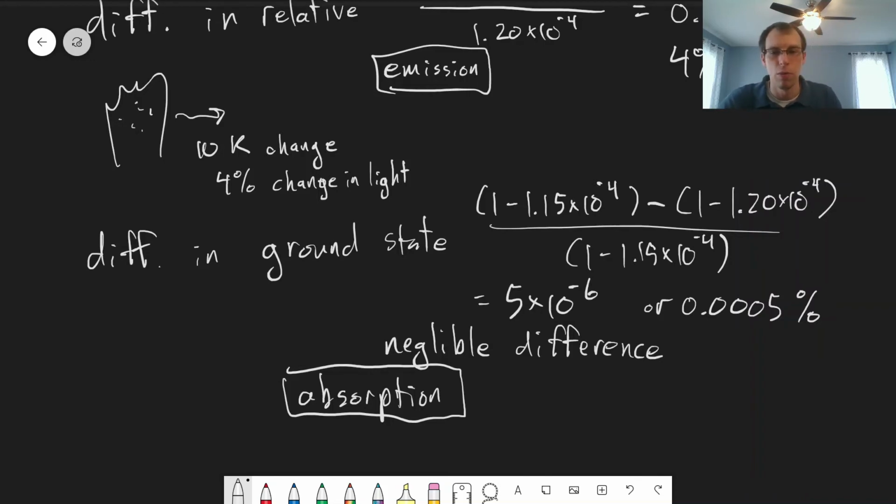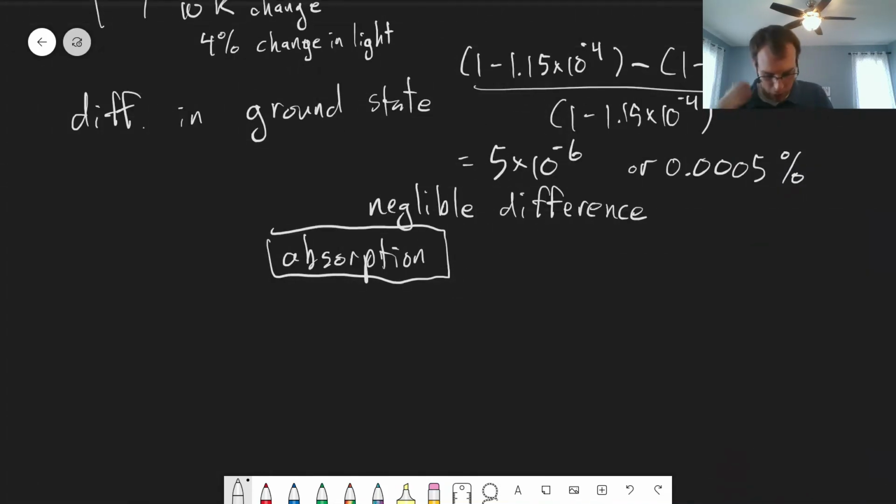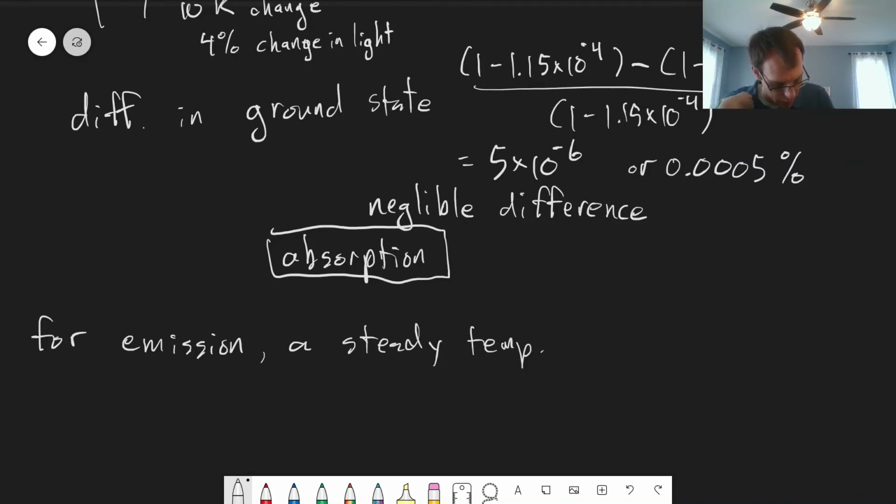And so what we see here is that for emission, a steady temperature is really important, whereas for absorption, it's not as important. But a steady temperature is really important for reproducible results.